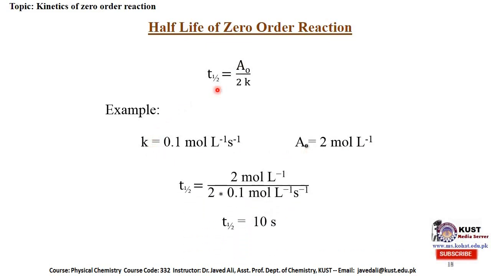As we know that half-life is equal to A naught divided by 2k, we get half-life equal to 2 moles per liter divided by 2 into 0.1 moles per liter per second, where 2 moles per liter is the value of A naught and 0.1 moles per liter per second is the value of k. So the half-life for this reaction is 10 seconds.